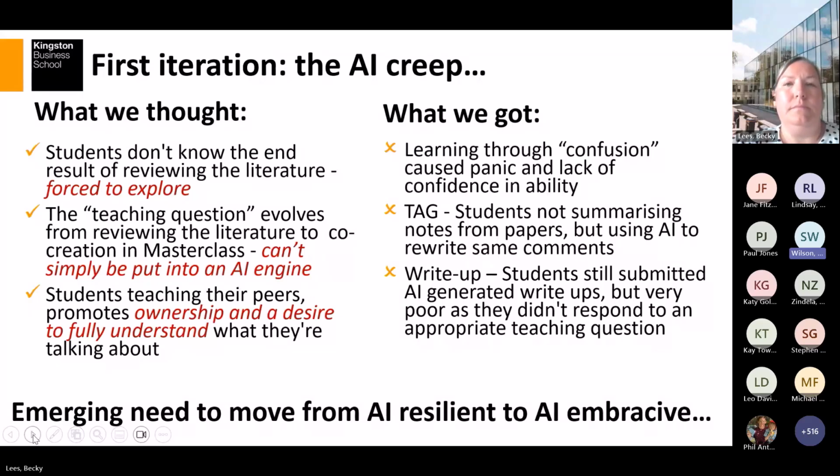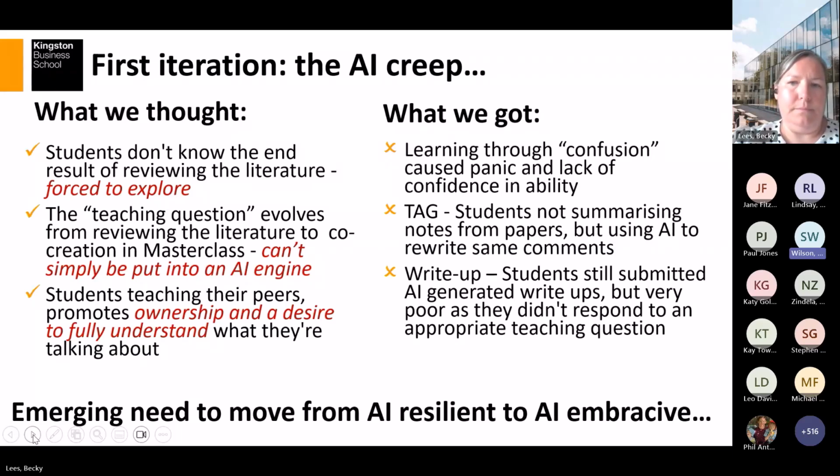What we actually got was this confusion they felt with the whole of Google Scholar, and every database was full of papers, and them not knowing what to do actually caused this massive panic. And they started to really lack confidence in their ability to do things. When they did the tag, they weren't summarizing the notes from the papers. They were using AI to just rewrite the same comments in a different way across the board.